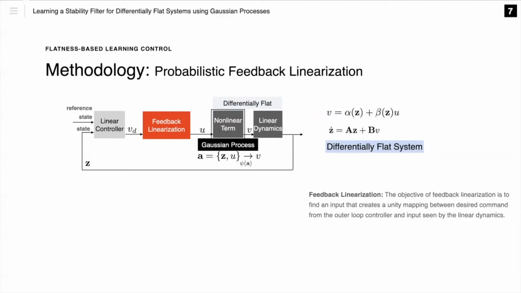So we label the nonlinear term psi of A, which takes in inputs Z, which is the state of our system, and U, which is the input to our system, and outputs the input to the linear dynamics. In other words, the nonlinear term we denote by the function psi of A.